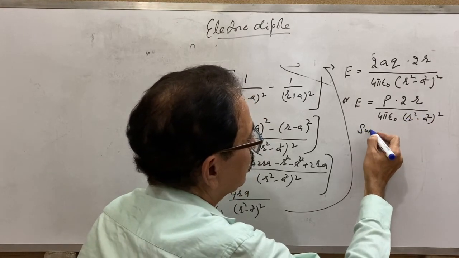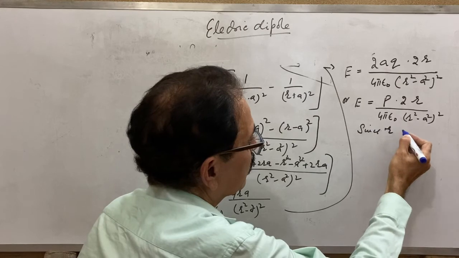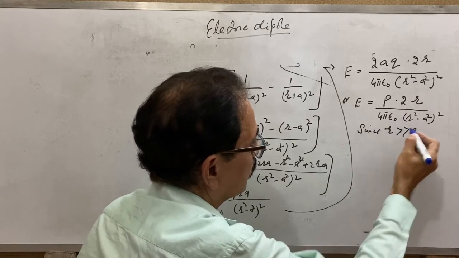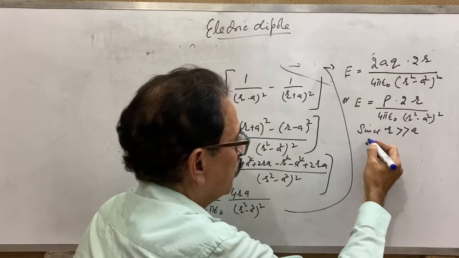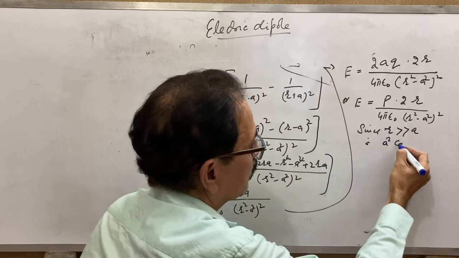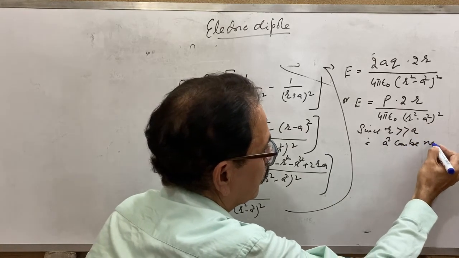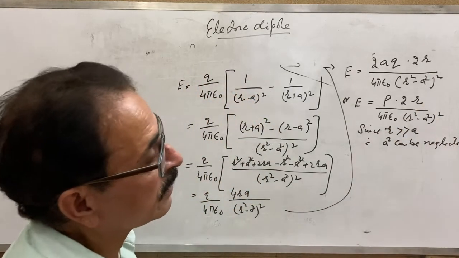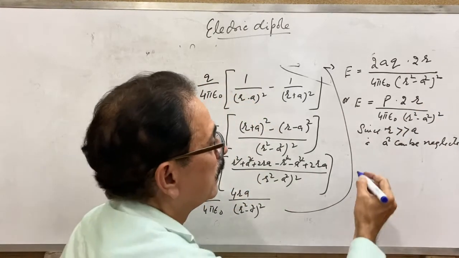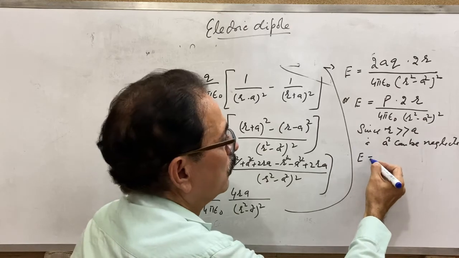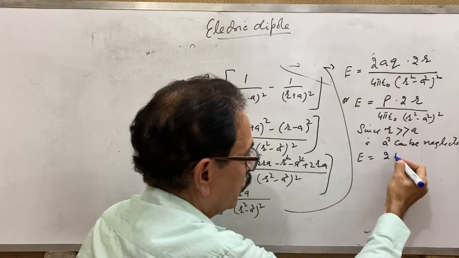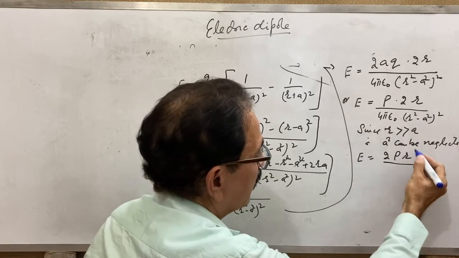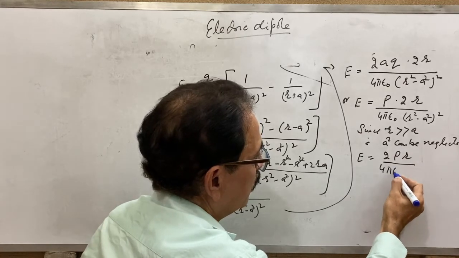Since this r is very much greater than a, therefore a square can be neglected as compared to r square. So we can write E is equal to 2 into P into R divided by 4 pi epsilon naught.